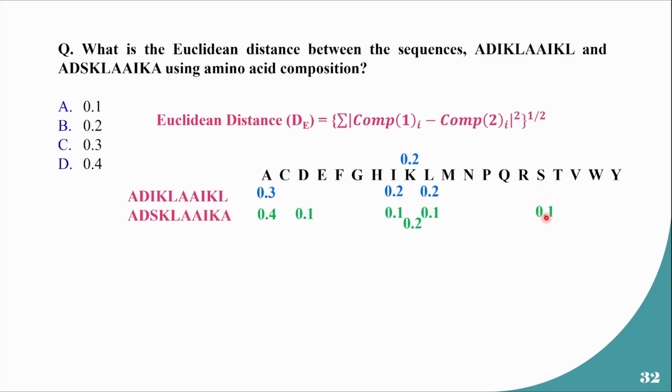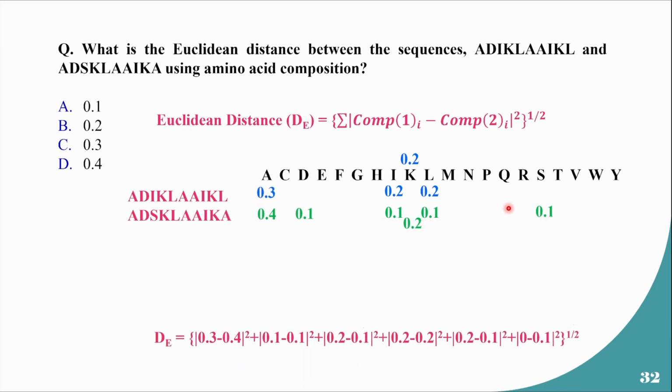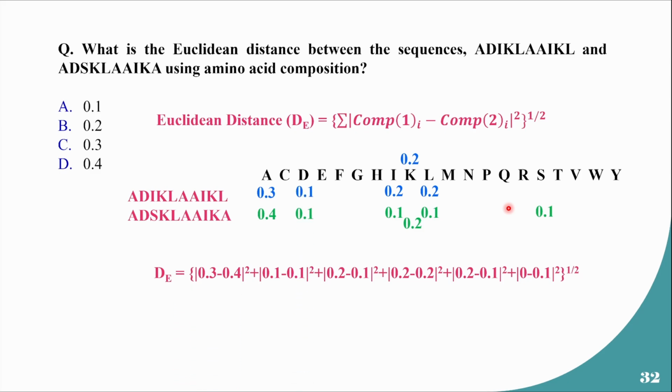Serine is also 0.1. So you have a difference in 4 places: in alanine's case, isoleucine's case, leucine's case, and serine's case.